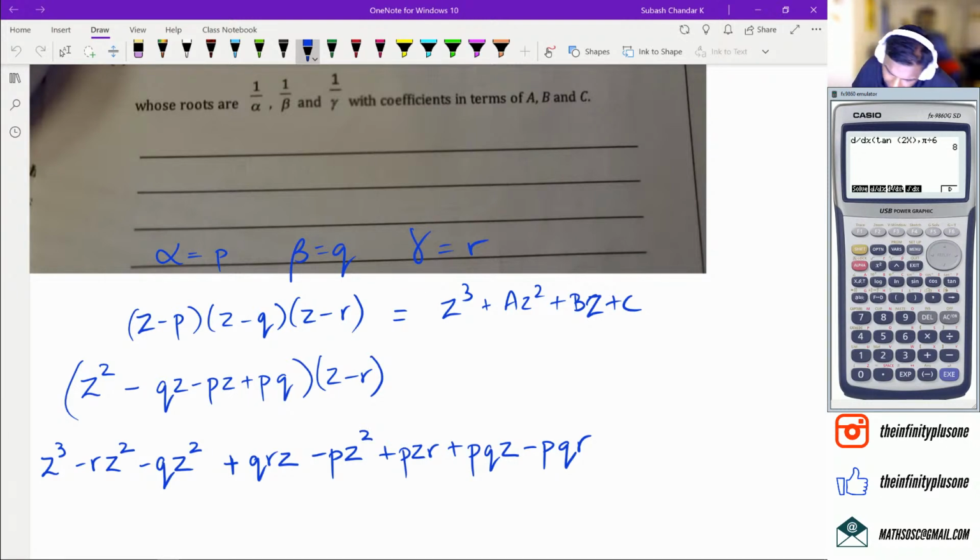So once we get that, now what we can actually say is, well, we've got z cubed here, so that's kind of matching up nicely, so we don't actually have to worry about it.